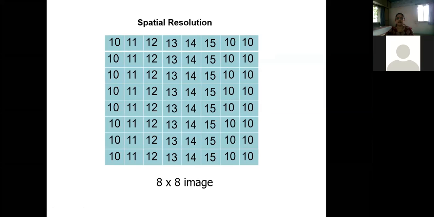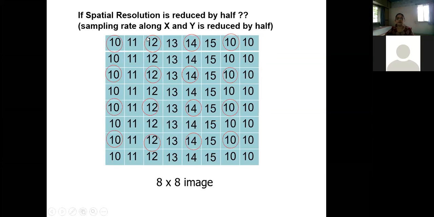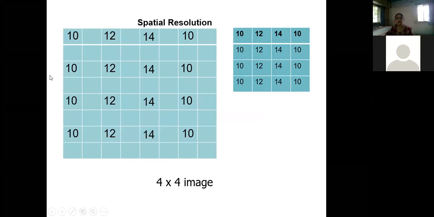Here initially there were 8 samples along the x-axis and 8 samples along the y-axis. Now if we halve the resolution, there will be only 4 samples along x and 4 samples along y. So effectively, we get only these sample values.